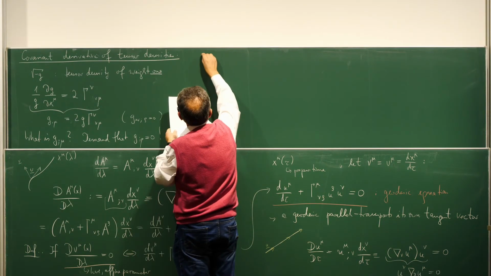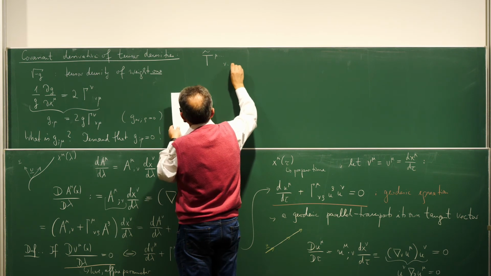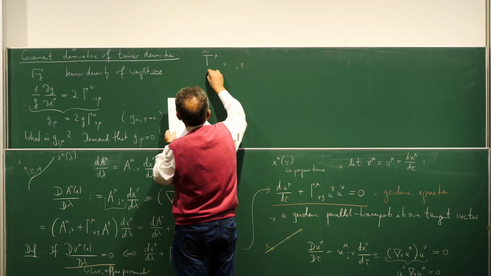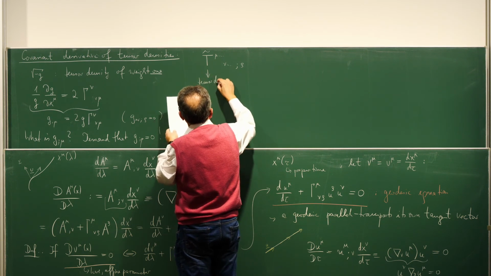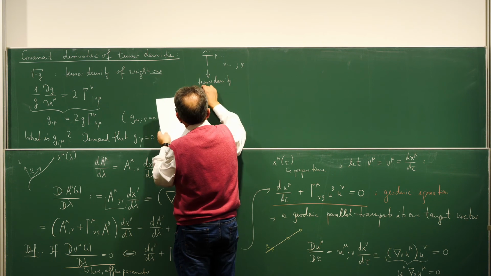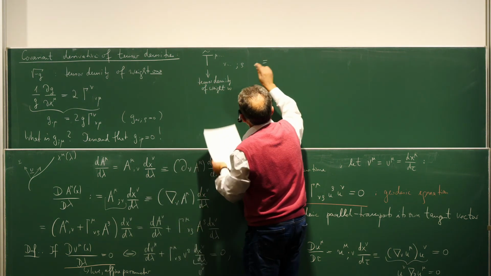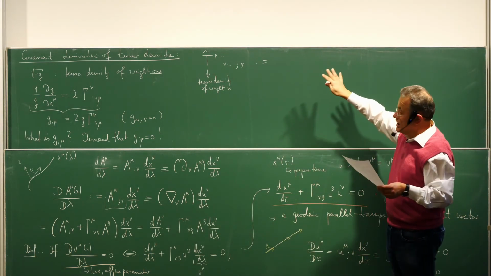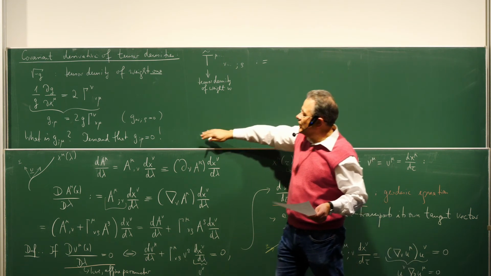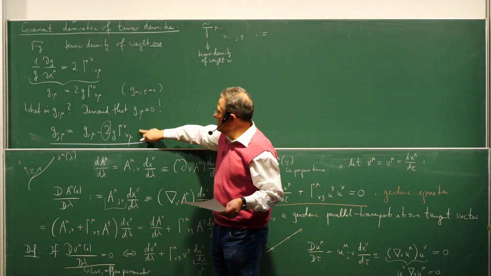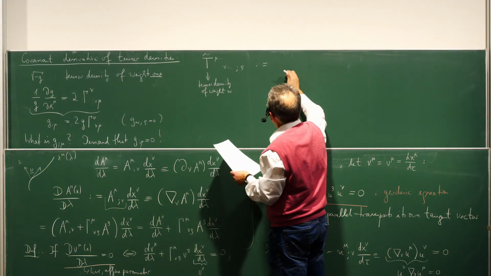So if we have a quantity with upper indices, lower indices, and covariant derivative, we call this a tensor density, or we take this to be a tensor density of weight W. Then we define this to be as follows: to have the usual terms as if this were a tensor, but having then one additional term like this one. So this is the definition that works.